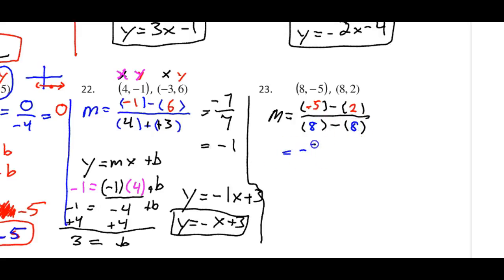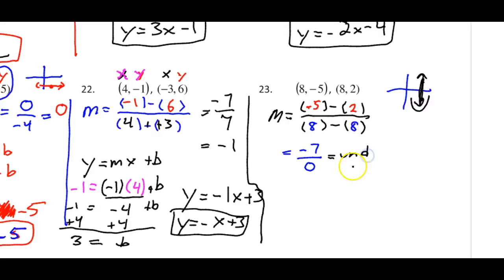So we have -7 from -5 minus 2, but 8 minus 8 is 0. So what happens when there's a 0 on the bottom? Again, if we tried to sketch this, we'll see that 8, -5 would be right here, and 8, 2 would be up here. That is a vertical line.